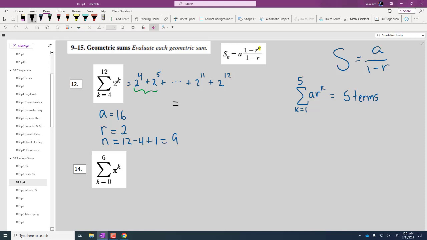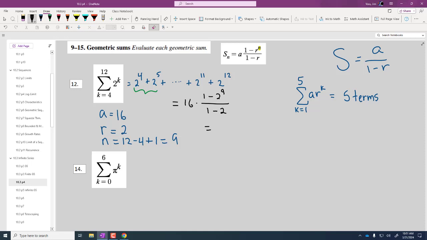It's going to be a, which we said is 16, multiplied by this fraction 1 minus the common ratio 2 to the number of terms 9, over 1 minus the common ratio. And then we just have to simplify that.